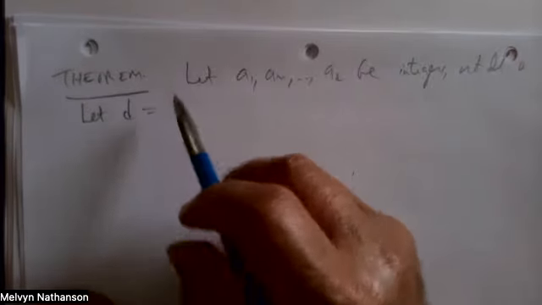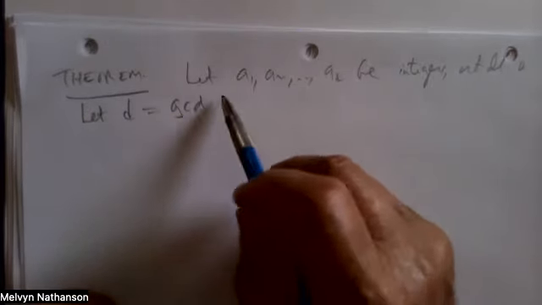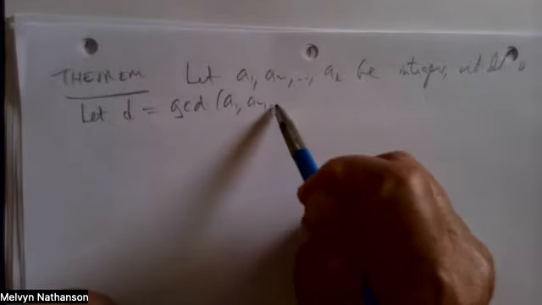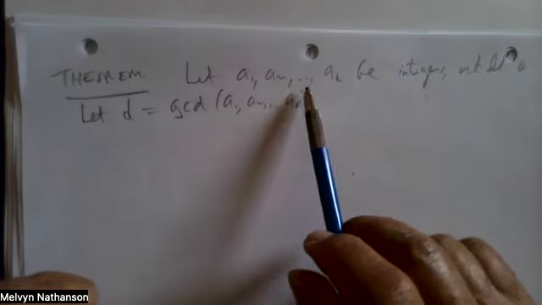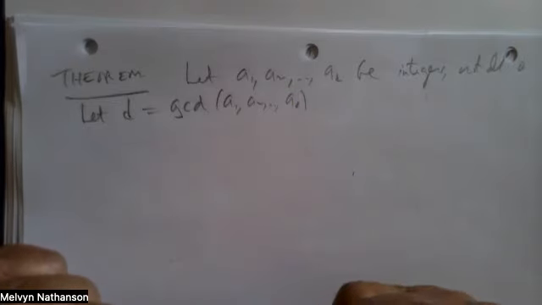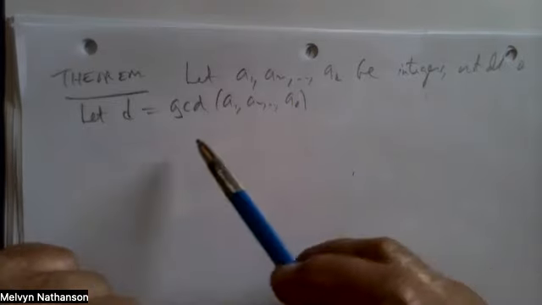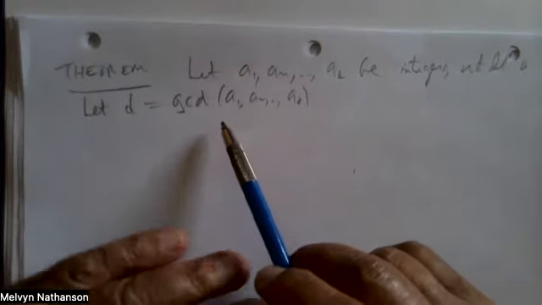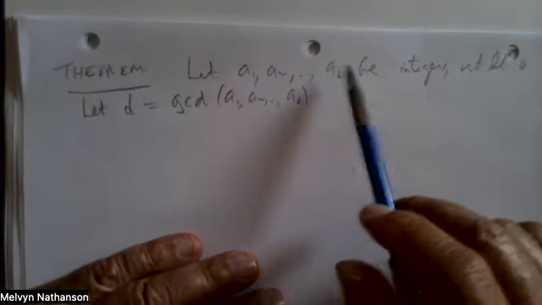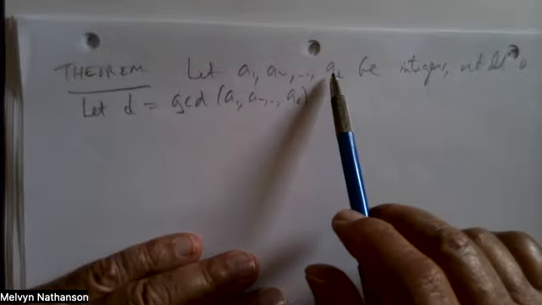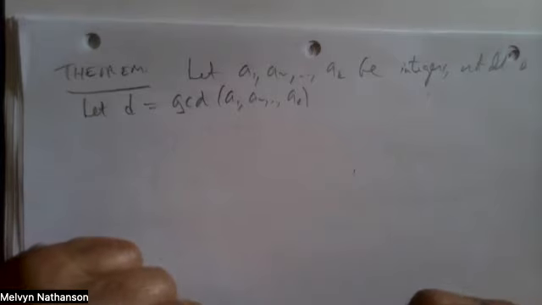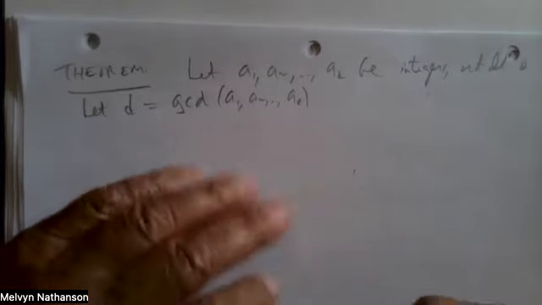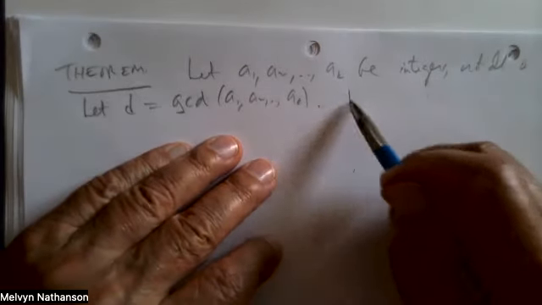Let D be the greatest common divisor of this finite set of integers. Right? If you have a finite set of integers, they're not all zero, the set of common divisors can't be infinite. Because the divisor of an integer is no bigger than the integer in absolute value. So there are only finitely many divisors. So only finitely many common divisors. Let D be the greatest common divisor.